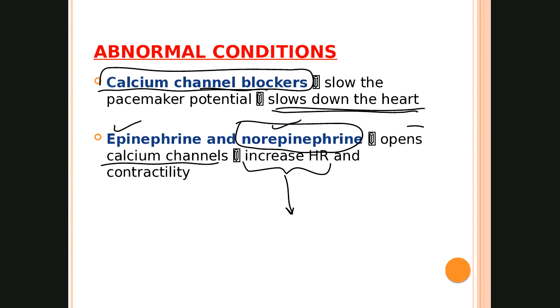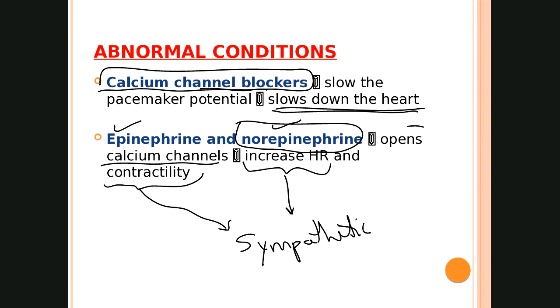They're going to increase the force of contraction, or contractility, of the heart. So the sympathetic nervous system is going to have two effects in the heart. They're going to increase the heart rate and increase the force of contraction by opening calcium channels. This is what we call an inotropic effect.